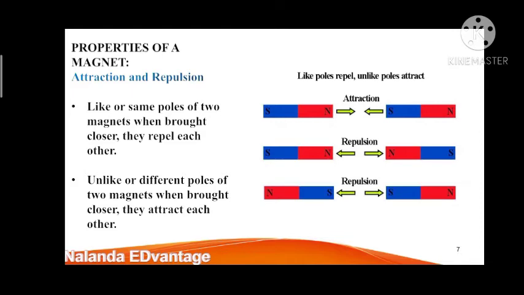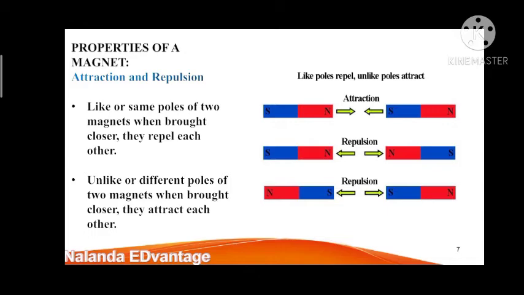Now, one major aspect of attraction and repulsion is that it helps identify a magnet. There are different kinds of materials, such as various iron-based materials, that will attract a magnet, and a magnet will also attract a magnet if they have unlike poles. So how do we differentiate between those two?